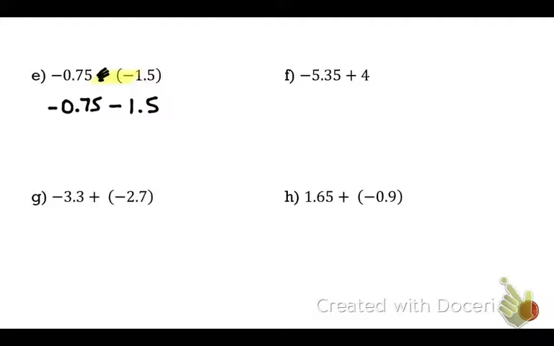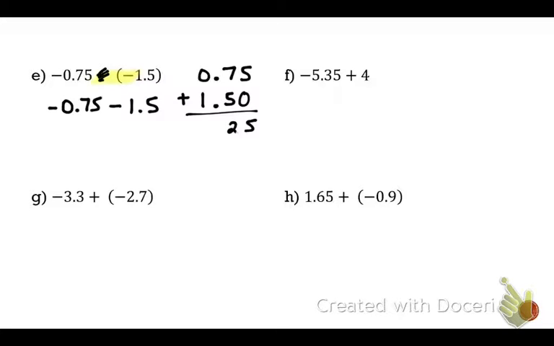Now, if you remember from elementary school, you have to make sure you line up your decimal points. So when I have this, I've got 1.5. Guys, what can I put right there just to kind of be a placeholder? All right, let's stick a 0 right there. So she had told me, same sign, add the numbers, keep the sign. Go ahead and add it together. What do you get when you add it together?